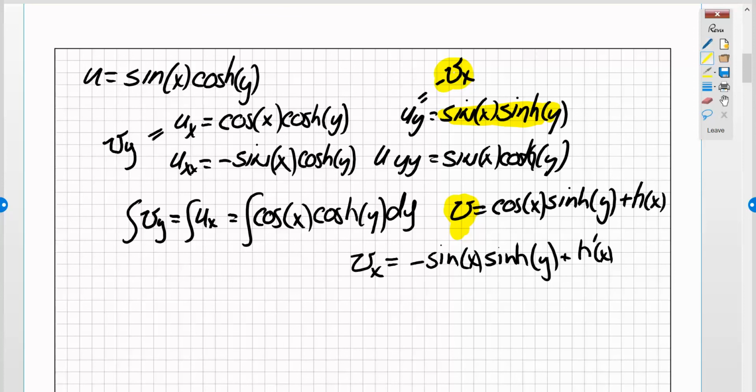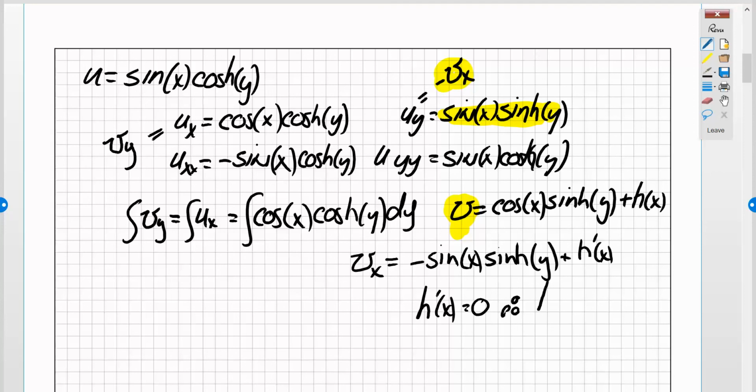And I do see that when I take the negative of this, I get a minus sine x hyperbolic sine y, which matches perfectly. And there is no sign of a term here to deal with, so h prime of x is equal to 0.